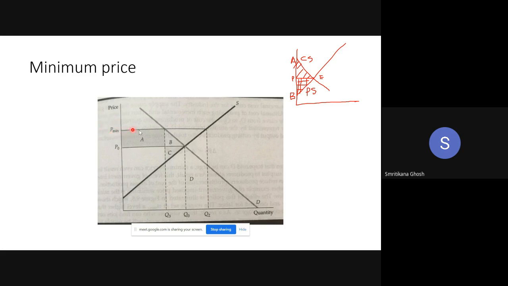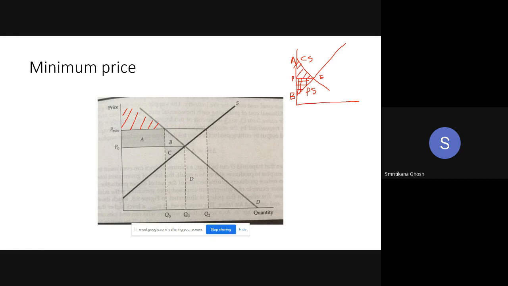What is the area of consumer surplus? Look, this is the consumer surplus. After the minimum price, the consumer surplus is this area. This is the new consumer surplus of the consumer.